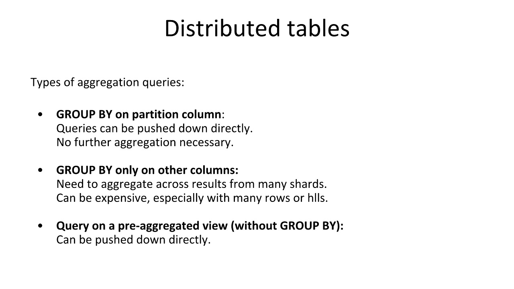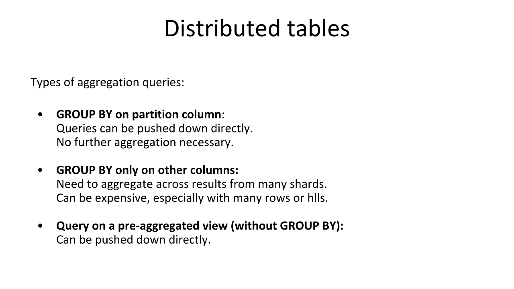Well, if there's a group by on the partition column of the table, then queries can be pushed down more or less directly to the shard. We're just doing a group by on the shard, and then at the end we're more or less appending the results. Maybe there's some sorting we need to do and other post-processing, but it's very simple.